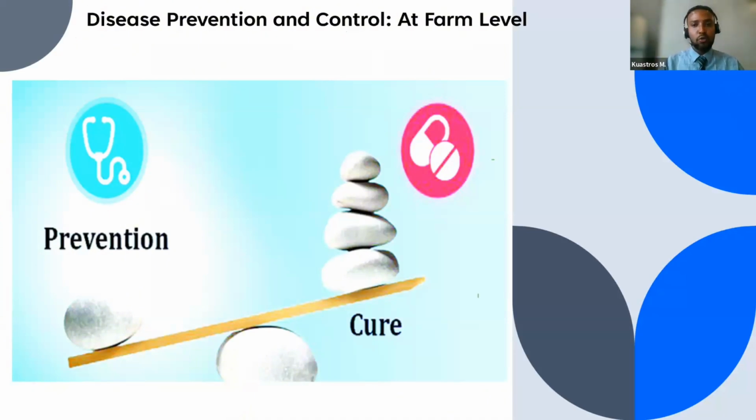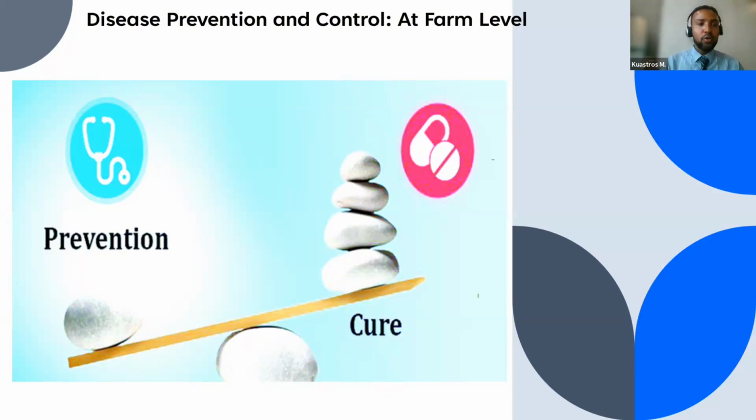As you know, the food web, or the food chain, is from farm to table. So anything happening at the farm level will also come to us through our food chain. So prevention, as from this very old science class picture, is better than cure.